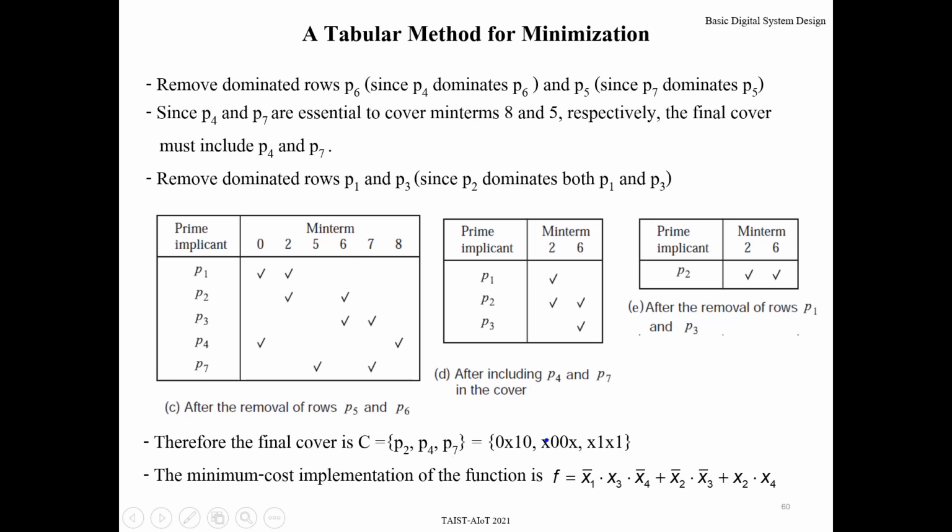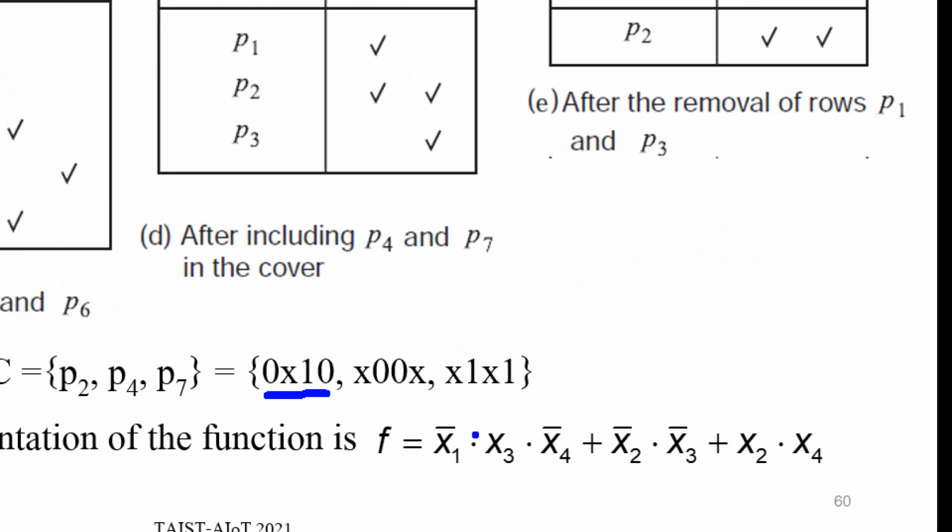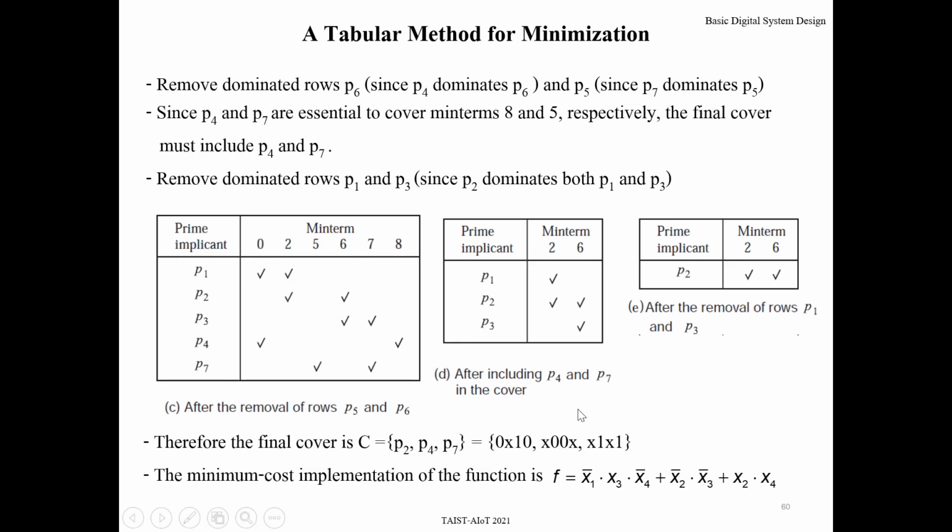So you can write the expression like this in minimal sum. So it's x1 prime, x3, x4 prime. Okay, this one. x2 prime and x3 prime, x2 and x4. Okay, this is the minimal sum of the function.